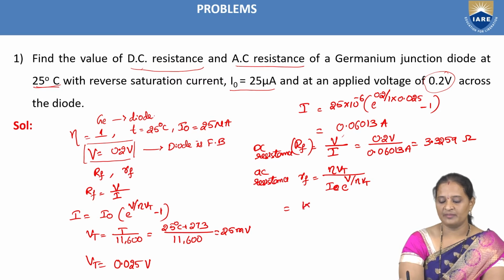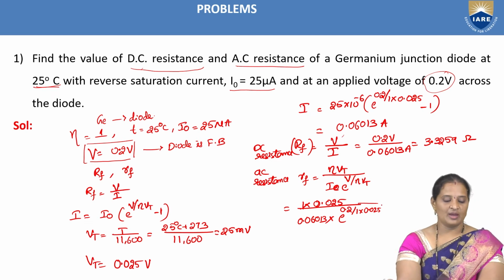The eta value is 1 and the Vt value is 0.025, divided by I naught, which is 0.06013, into e power V, that is 0.2 divided by 1 into 0.025. So this is the value.